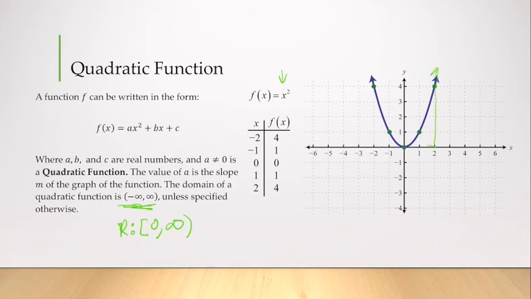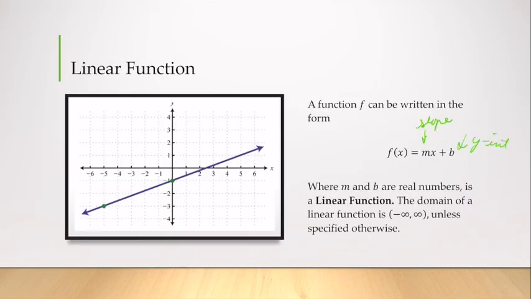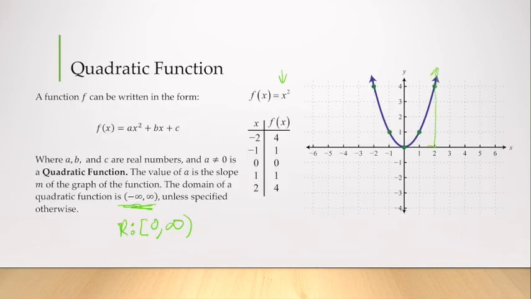Now, what's interesting about these 2 functions, the quadratic function, whose domain is all real numbers and ranges from 0 to infinity, and the linear function, whose domain is all real numbers and so is its range or target, is that we express these as an interval, right? Remember, this is interval notation. This goes all the way from negative infinity to positive infinity. Same thing's true with a quadratic function. We express its domain as an interval.